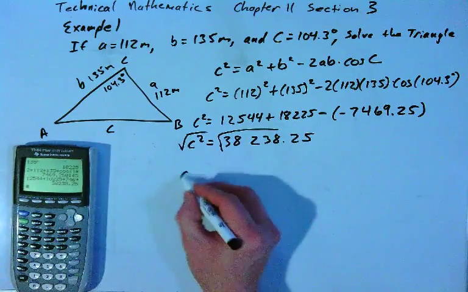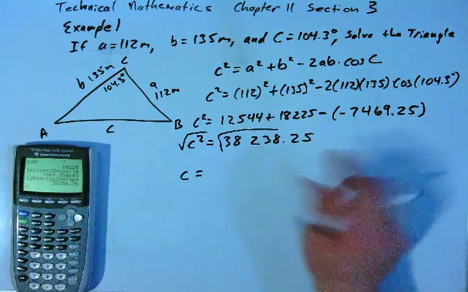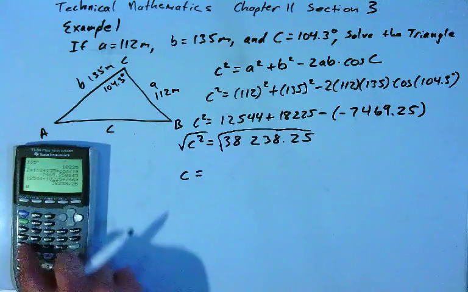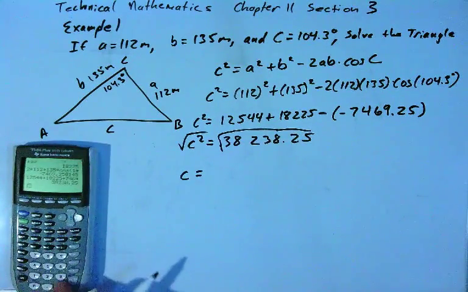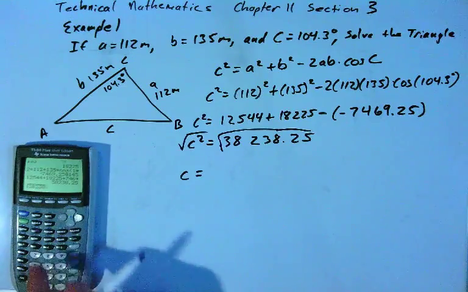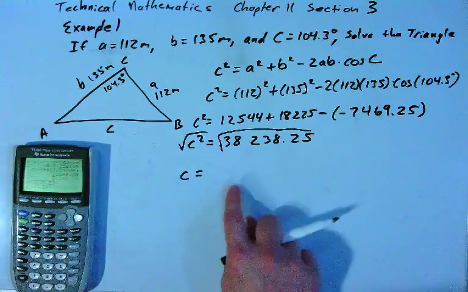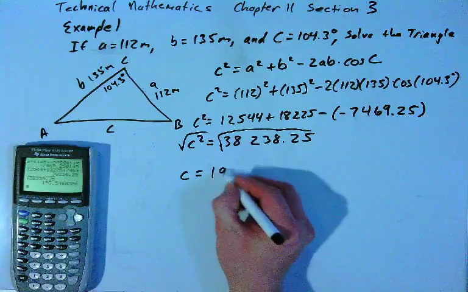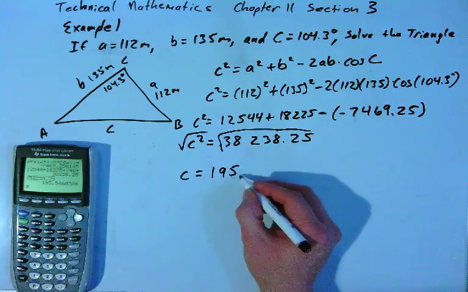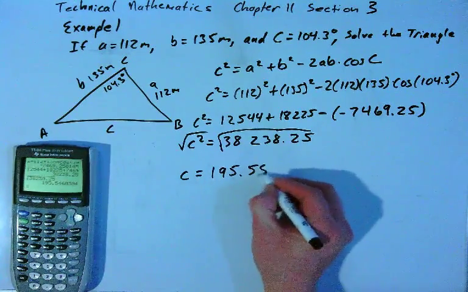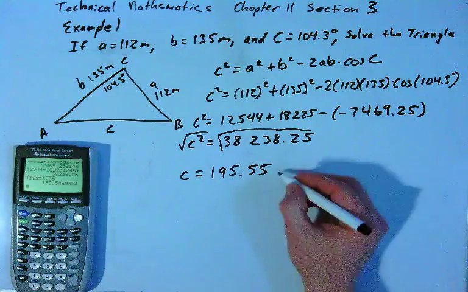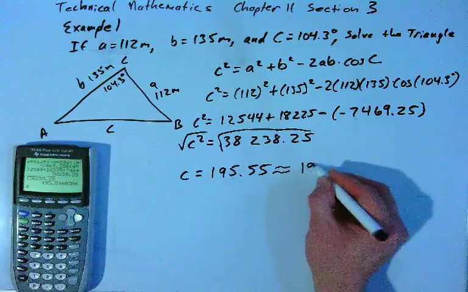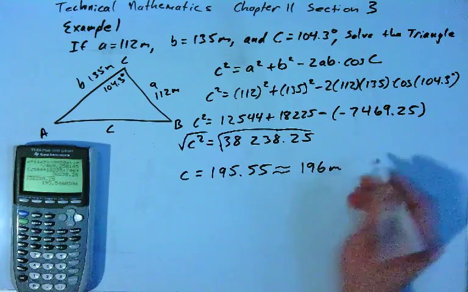Right? The square root cancels the square, so I get c equals. And I need to take the square root of this number, so the square root of 38,238.25. I get 195.55. Okay, the book probably rounds this to 196 meters.